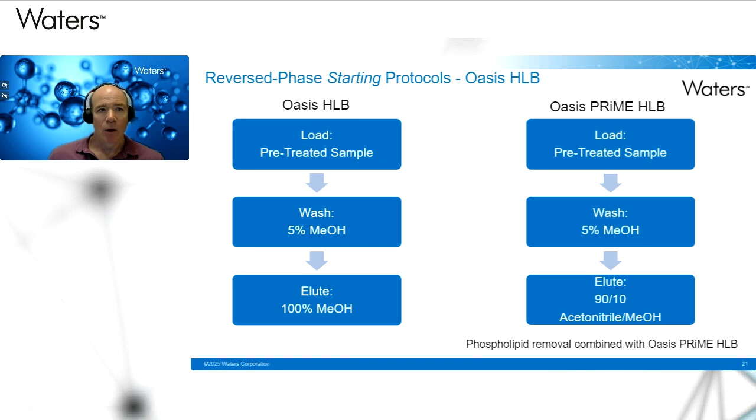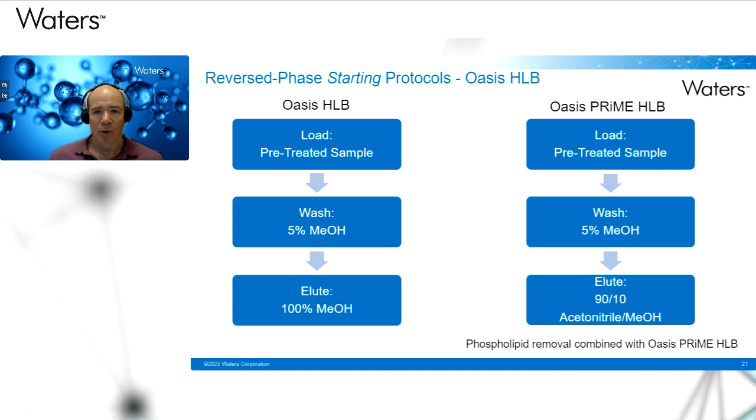If we look at Oasis HLB and Oasis Prime HLB, your standard reverse phase sorbents, these are two starting protocols. We're going to be talking about optimization, so clearly this is where we begin. Initially, they're very straightforward. We're going to load our treated sample, then we're going to wash it.